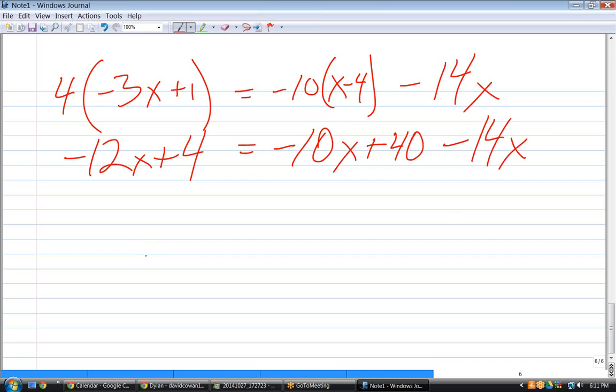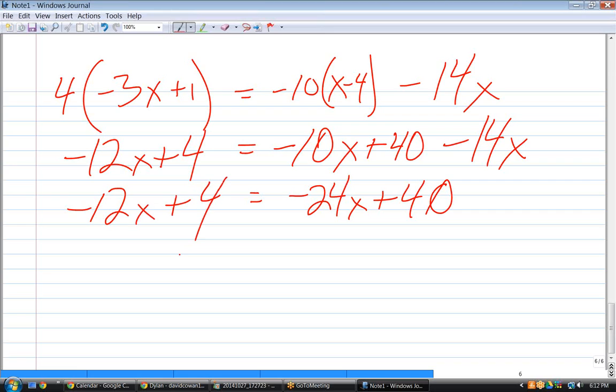Then on the right side, you can just combine the like terms, so negative 14x plus negative 10x, so negative 24x plus 40. And then on the left side, it would be negative 12x plus 4. And then you can add 12x to both sides.